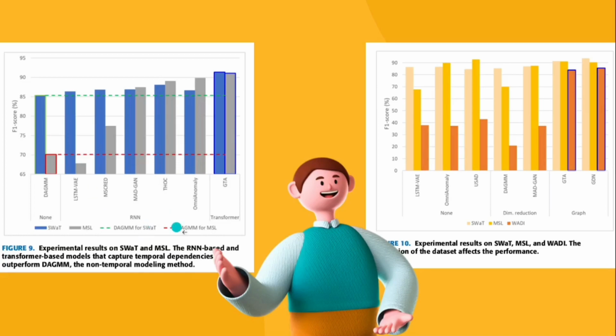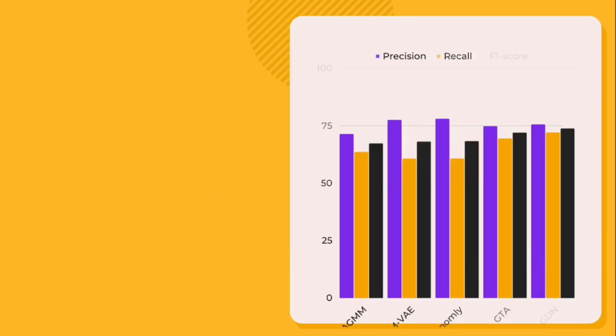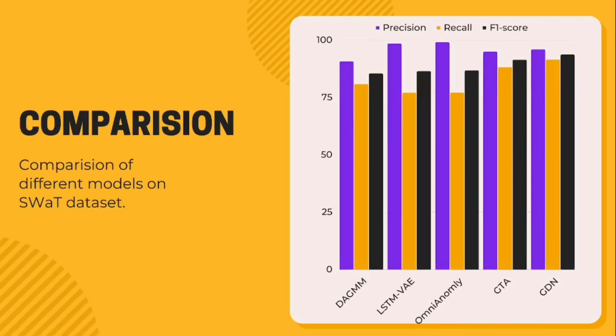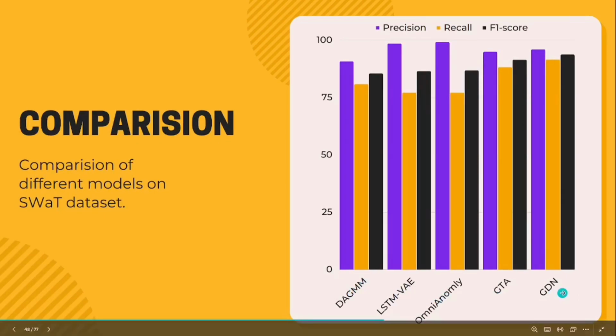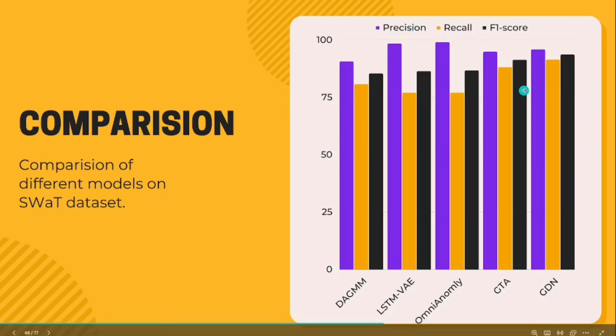These graphs are basically based on the RNN based and transformer methods, and these are on SWAT, MSL, and WADI datasets by using different models. So here is the comparison between the different best performing models on their precision, recall, and F1 score.